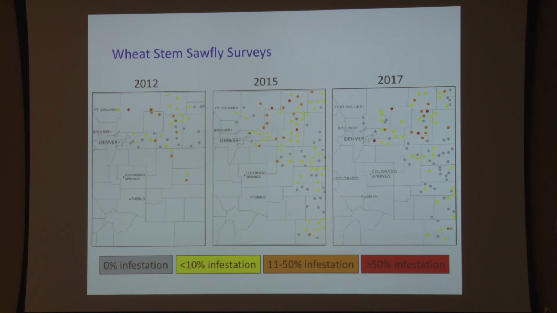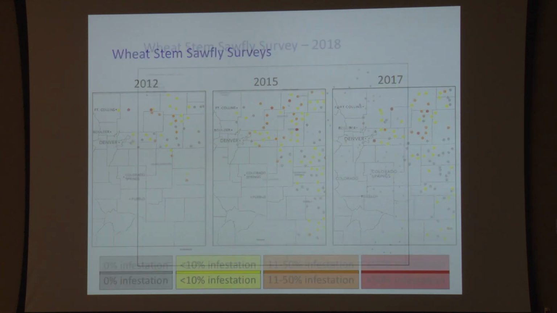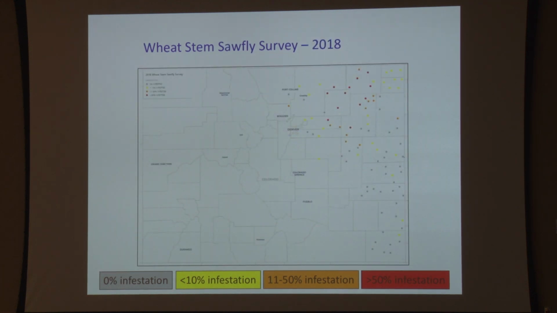So the number of fields with a higher level of damage has increased. This was 2018. So maybe fewer fields with infestation, but the fields that were infested had a higher level of damage. So it looks like a problem that's here to stay. It's not going to go away anytime soon.